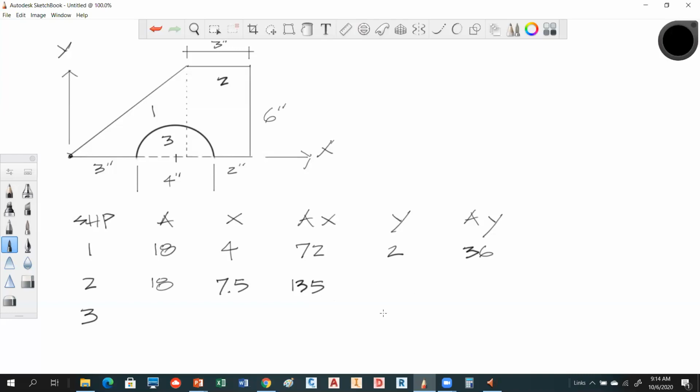That one's pretty straightforward. 3, yeah. So 3 times 18 gives us 54. Does that work?